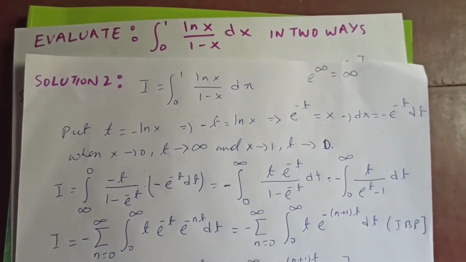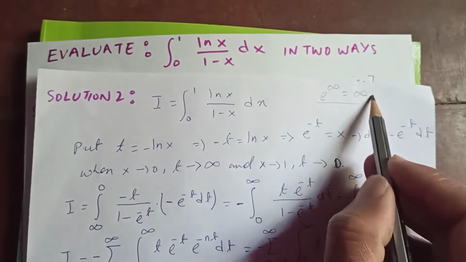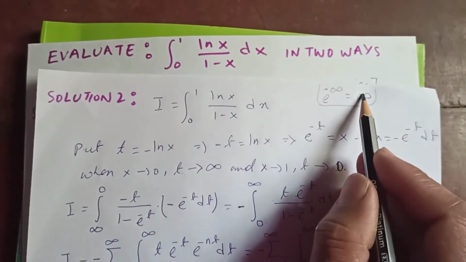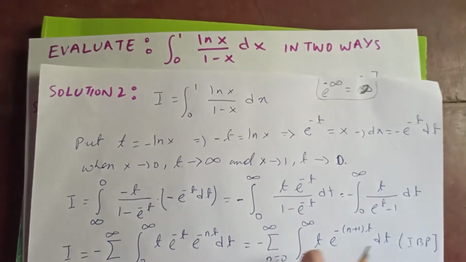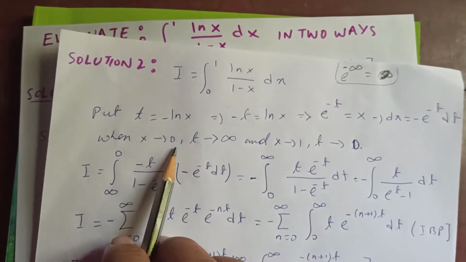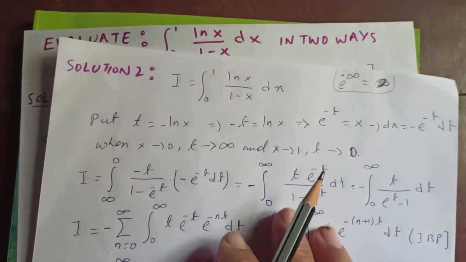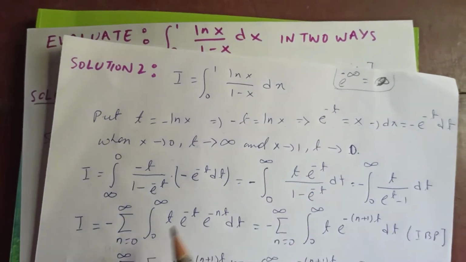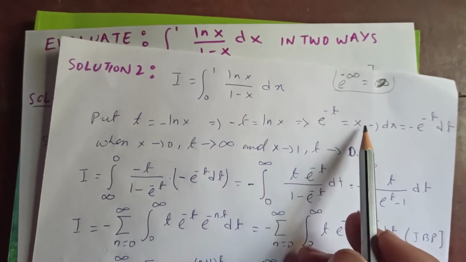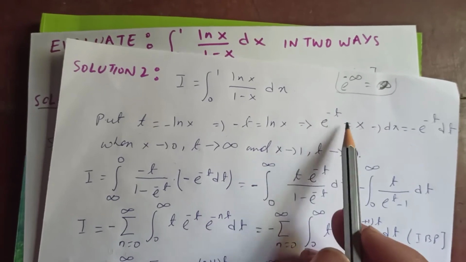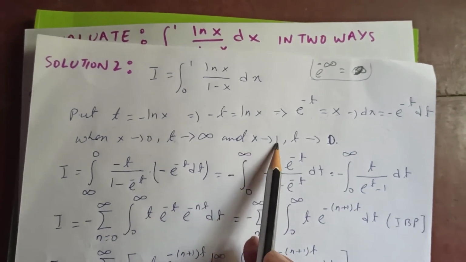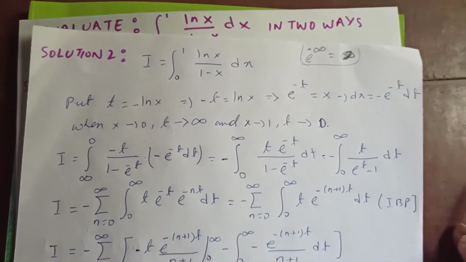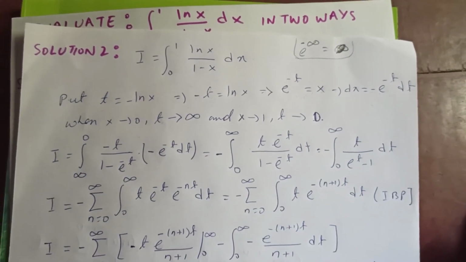So in order to get our requirement, we have to use the minus, so e to the minus infinity is nothing but 0. So when x tends to 0, t tends to infinity. If there is no minus, you'll get the same result, infinity and infinity. And when x tends to 1, t must be 0, since any number to the power 0 is just 1, by the exponential law.